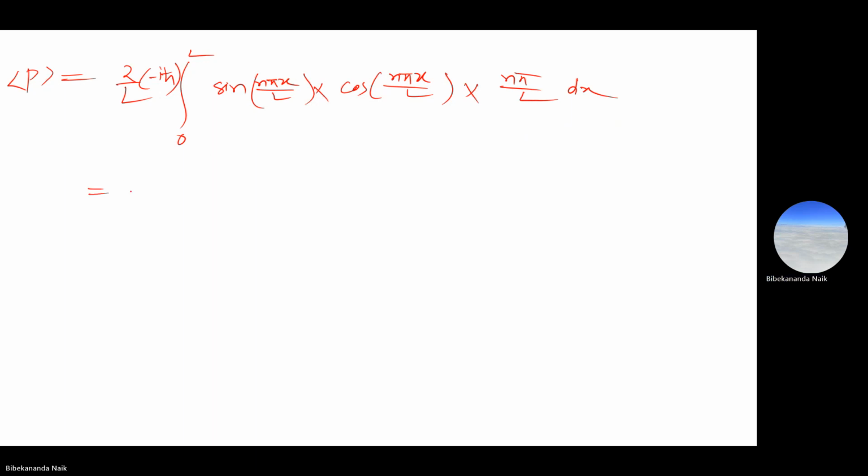So if you take all the constants outside of the integration, then it will be minus i h cross n pi by L square, then integration 0 to L. You see this is 2, if you take it inside, it will be 2 sine n pi x by L into cos n pi x by L dx.